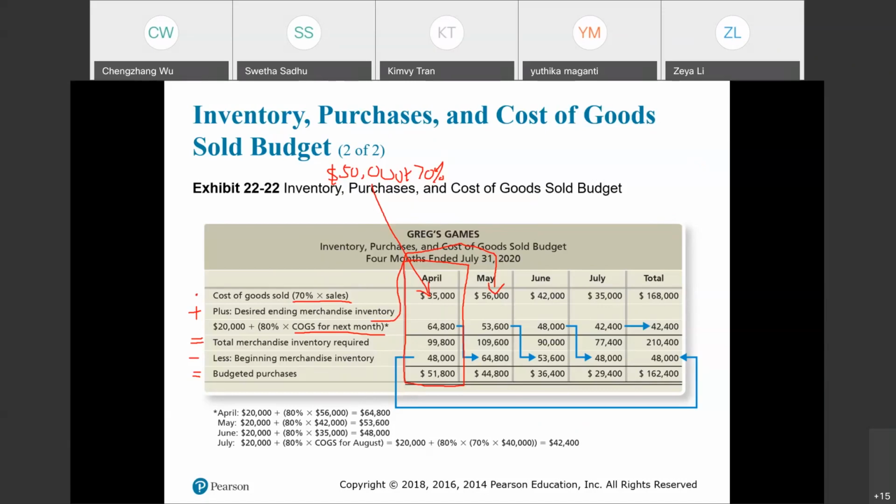Let's continue. This is an inventory purchases and COGS budget for a merchandising company. I just showed you how we get different numbers in April. Similarly, we can get these numbers in May, June, and July.